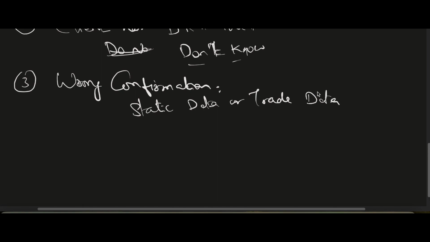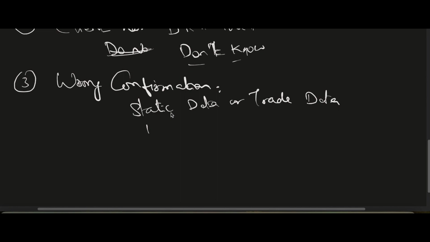Imagine he asked for Reliance Industries Limited and he got Reliance Communications, so obviously he is not going to accept. Or he asked for 100 shares and he got 1000 shares, so obviously he is not going to accept. So anything wrong in the details, static data and trade data.